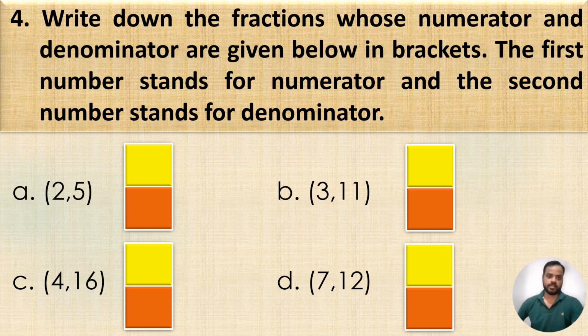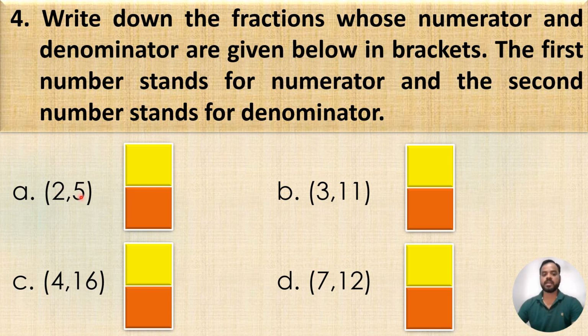Now the next question. What is the question? It is given that write down the fractions whose numerator and denominator are given below in brackets. Inside the bracket, the first number stands for the numerator and the second number stands for the denominator.